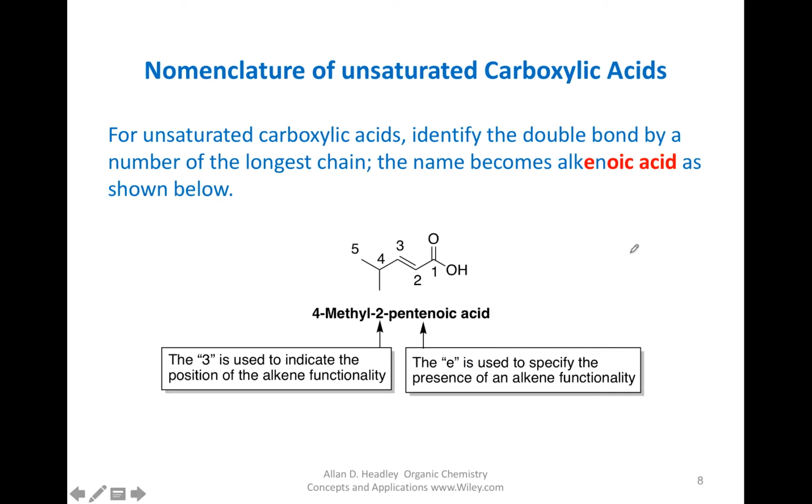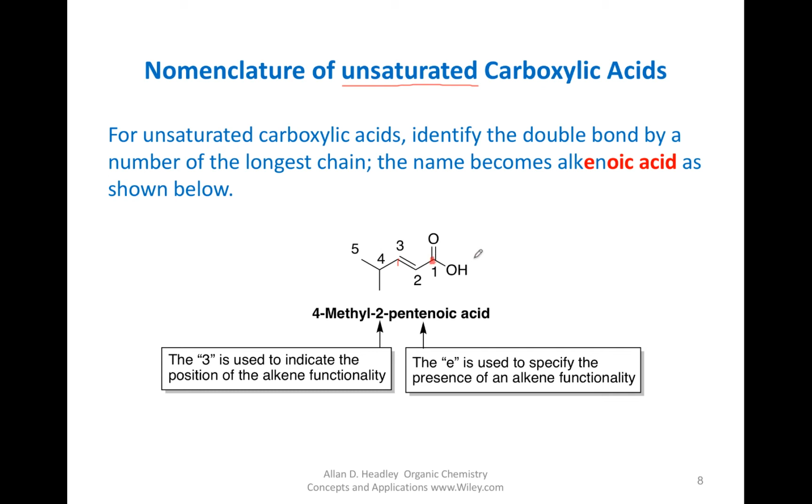Let's look at, as we said earlier, unsaturated carboxylic acid. So here's the unsaturation right here. And let's see how we're going to name this. In other words, we do not start from the end closest to the double bond because that's now of lowest priority compared to the carboxylic acid functionality. So this carbon is number 1.